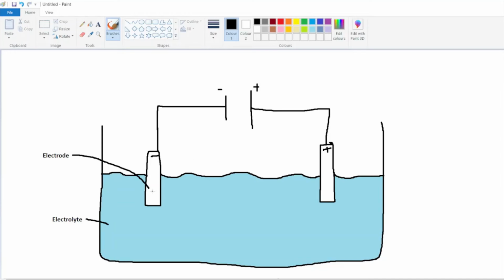Especially if you're in higher tier, you need to know what happens at each electrode as well. So obviously we're going to have positive and negative ions. The positive ions are going to be metal ions, because that's what metals are. They always form positive ions. Positive gets attracted to negative, so they will come over, be attracted to the cathode, the negative electrode, and they will gain electrons to form atoms.